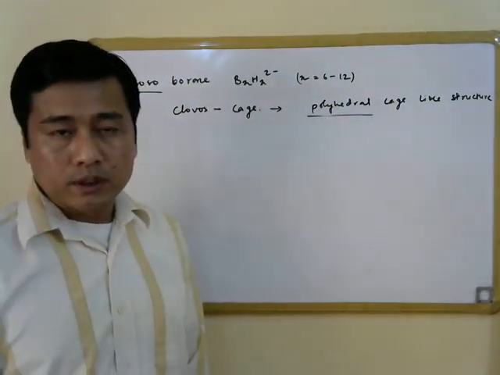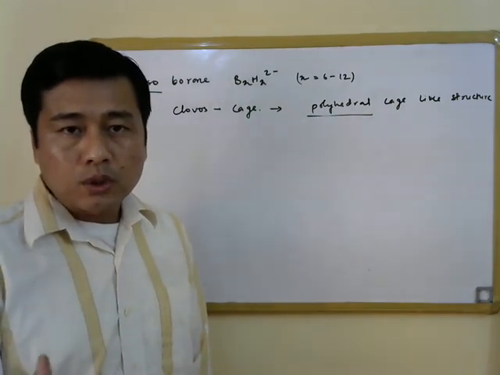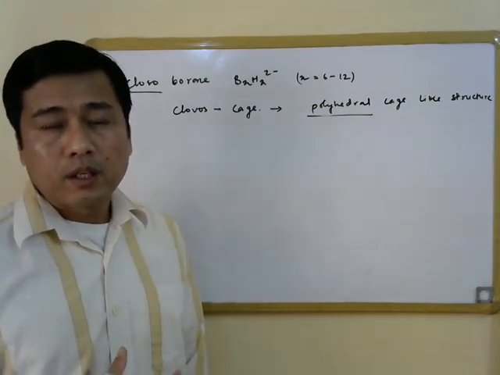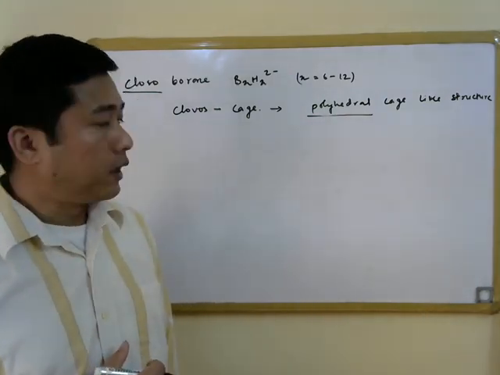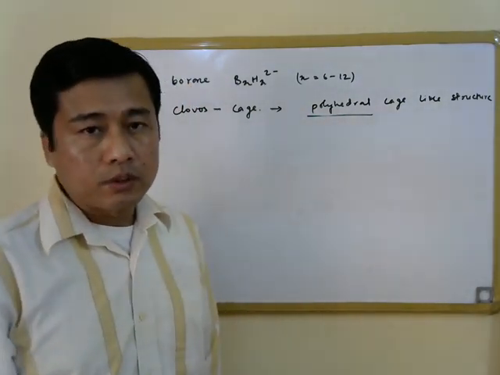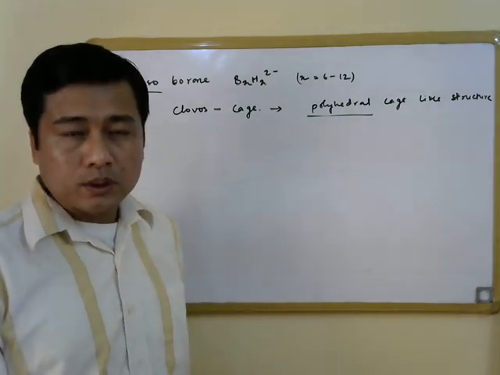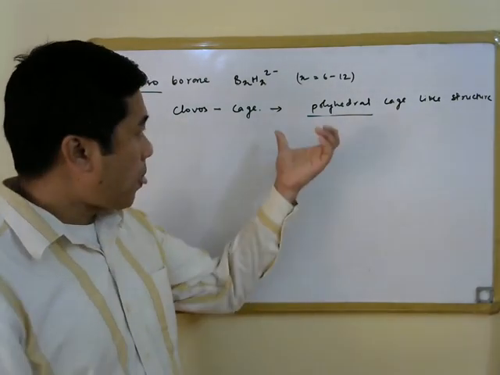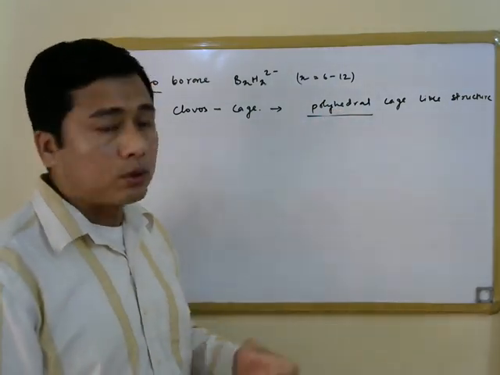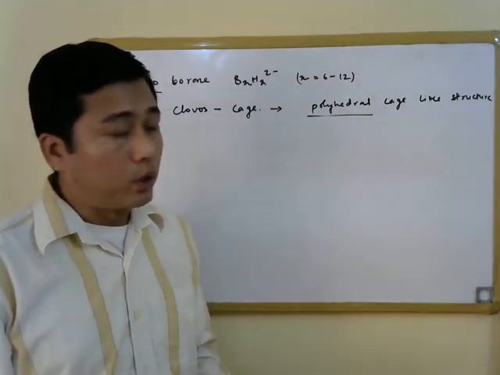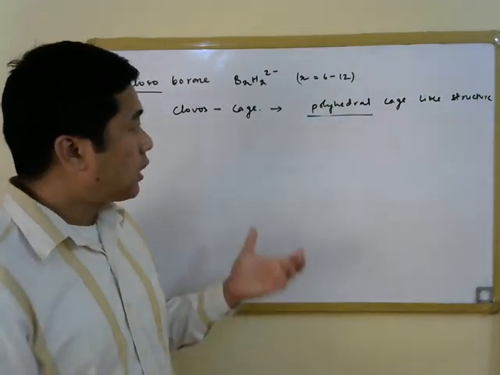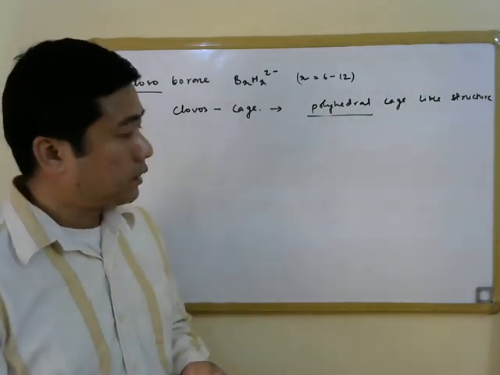The word polyhedron essentially means structures like octahedron, tetrahedron, dodecahedron, icosahedron, these sort of structures where there are triangular faces. The word hedron essentially stands for triangular faces, and these structures have different numbers of triangular faces, and that is why we categorize them as polyhedrons. So these closoboranes have polyhedral cage-like structures, and we will draw some of these structures during these lectures.